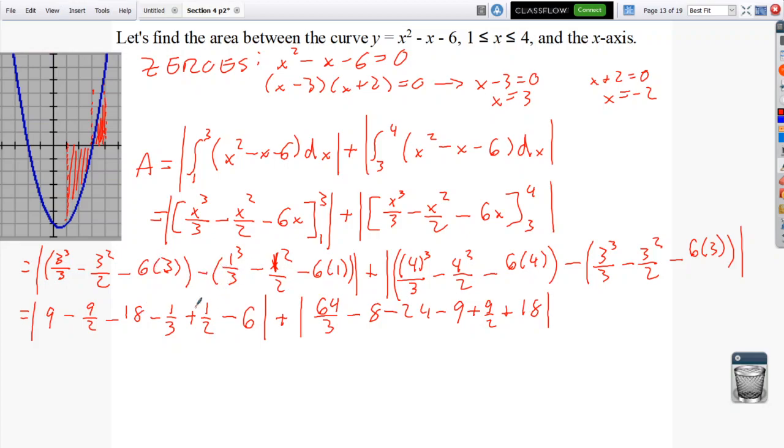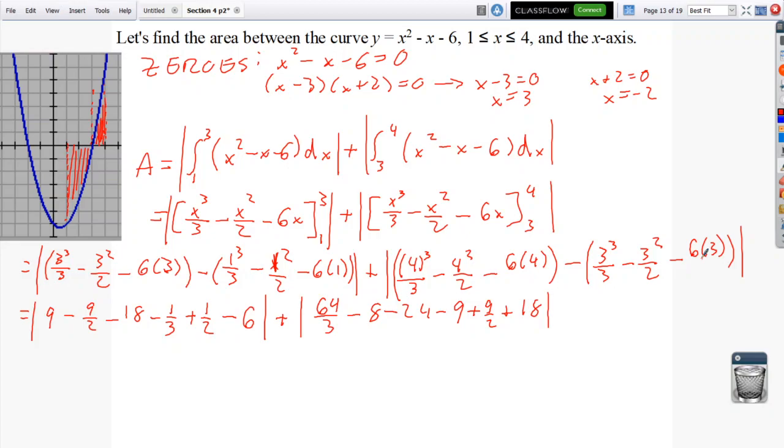I distributed my minus throughout so that I have minus 1/3, plus 1/2, minus 6, absolute value of all of that. Over here, 4 cubed is 64, so 64 thirds, minus 8, minus 24, and 16 halves. Then I distributed my minus over here, so I'd have minus 9 plus 9 halves plus 18. Again, I'm looking at how to combine this stuff.